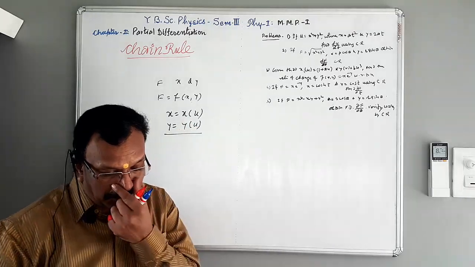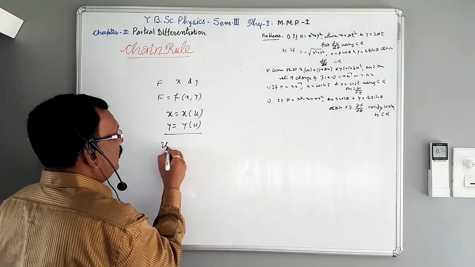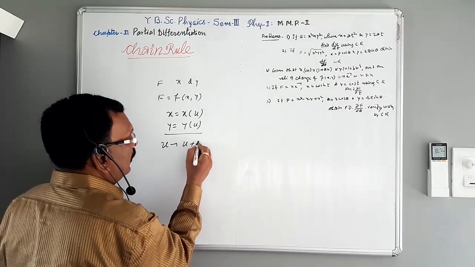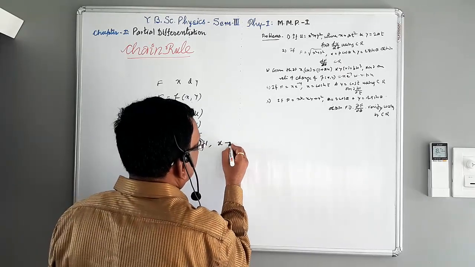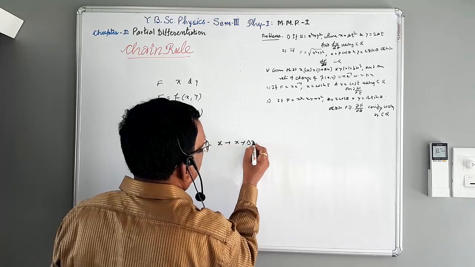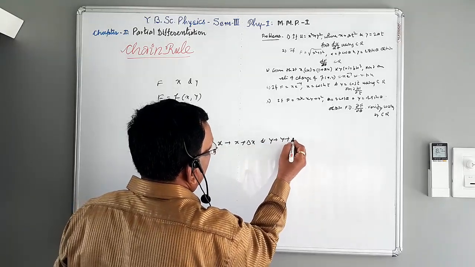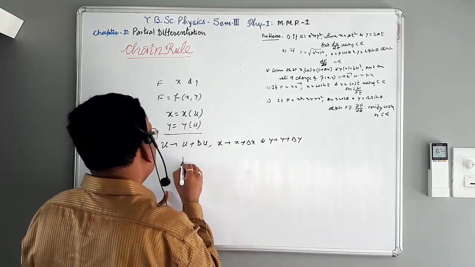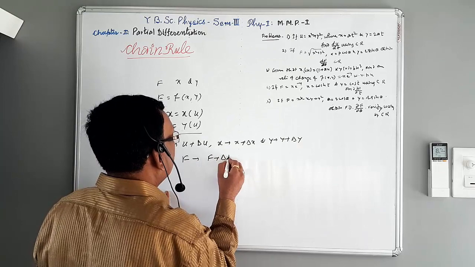Okay. When u changes to u plus delta u, x changes to x plus delta x, and y changes to y plus delta y. Consequently, f changes to f plus delta f.